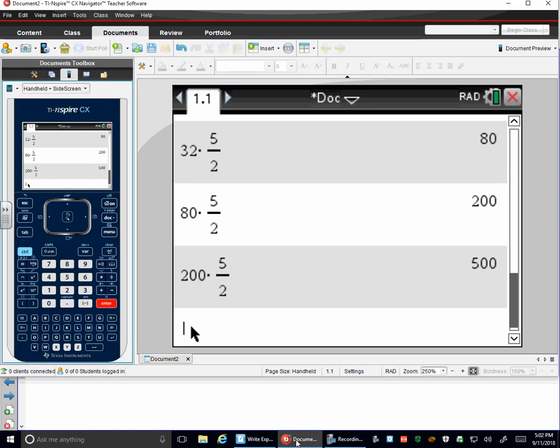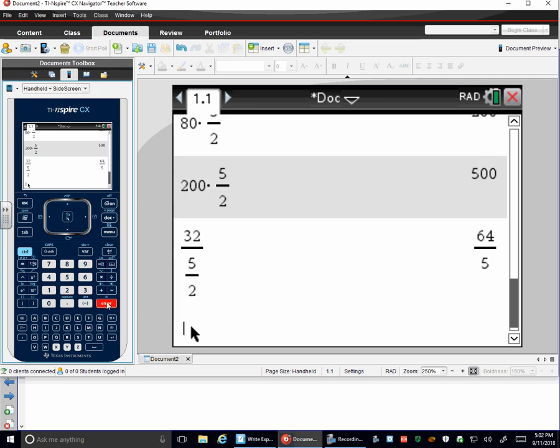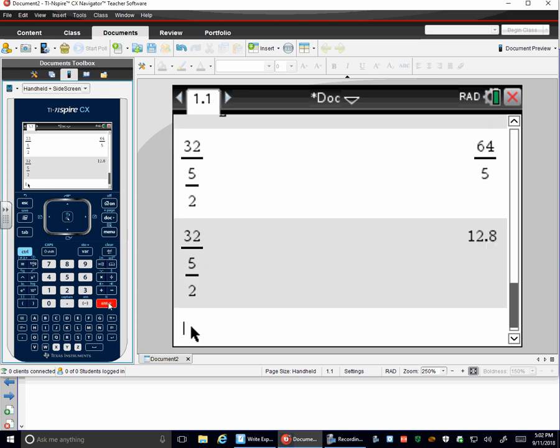So what's 32 divided by, and I do want to use parentheses here, 5/2? And we get 64/5. I can leave it like that. If it's a nice decimal that terminates, then I'm okay using that too. So I can go control enter, and we get 12.8. Okay, so 12.8 or 64/5, your choice there.